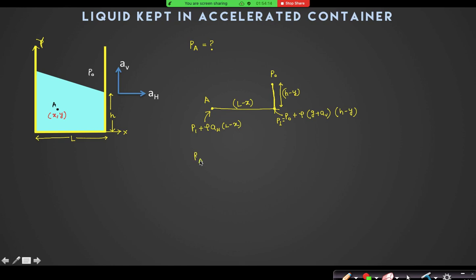So the pressure at A will be P naught plus rho into g plus AV into H minus Y plus rho AH into L minus X. Tell me if you have got it. Yes, sir.